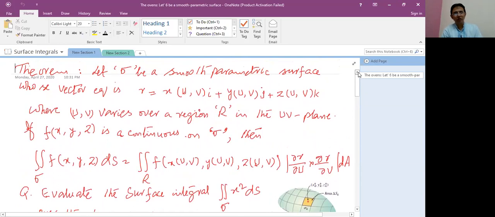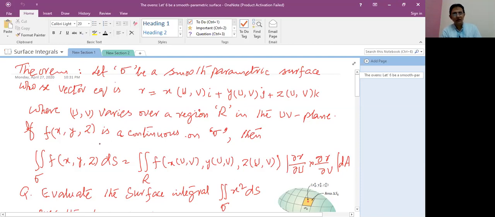With the help of the theorem, we will discuss what a surface integral is. Let sigma be a smooth parametric surface whose vector equation is r = x(u,v)i + y(u,v)j + z(u,v)k, where (u,v) varies over a region R. R is a rectangular region in the uv plane.